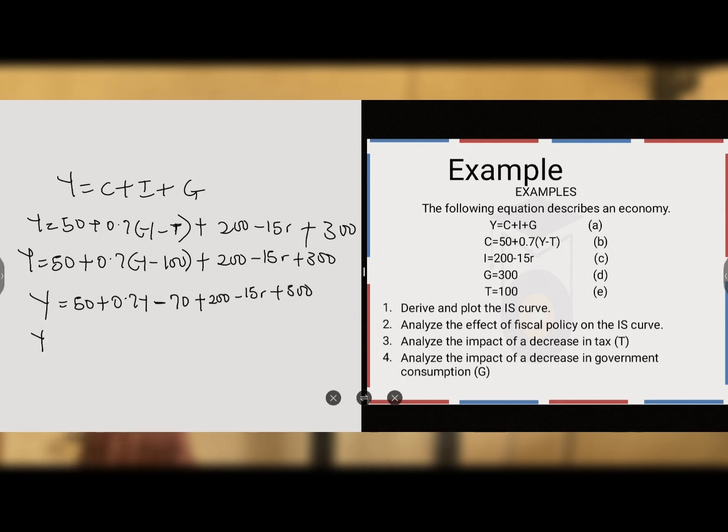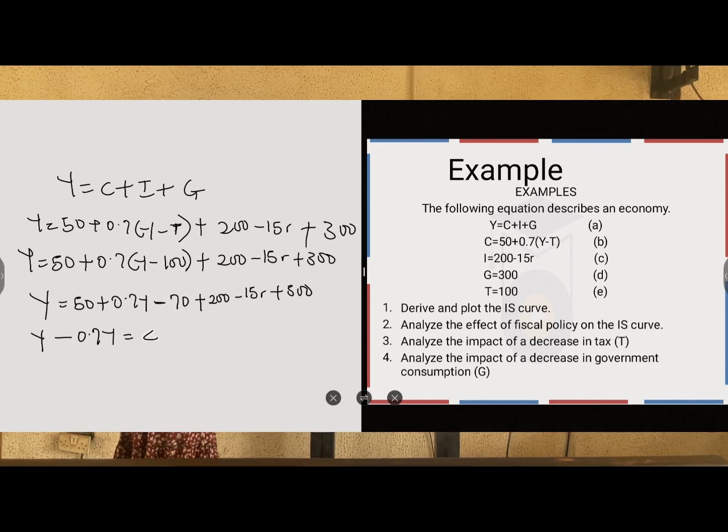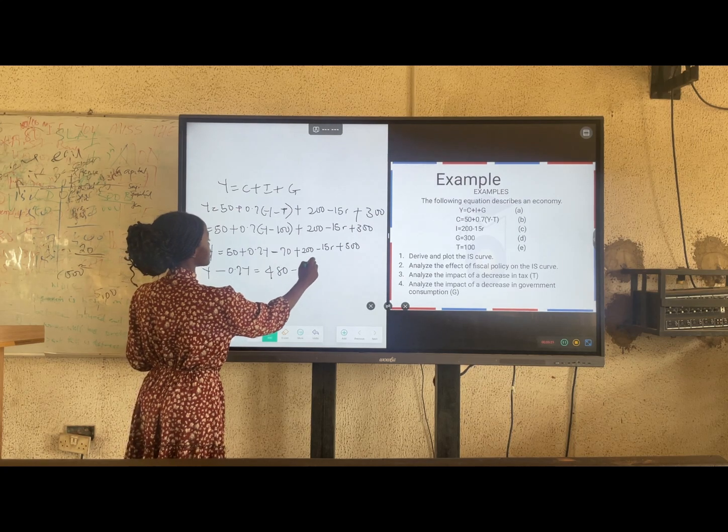So 0.7y will be coming to the other side, so we'll have y minus 0.7y equals 50 minus 70 plus 200 plus 300, which will be giving us 480. So we're going to be having 480 minus 15r.